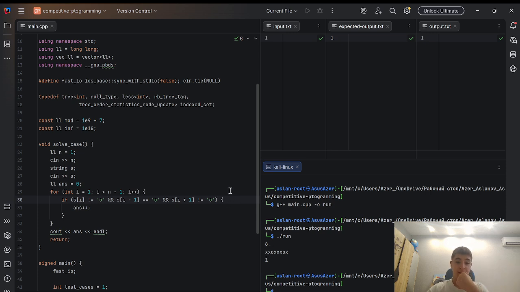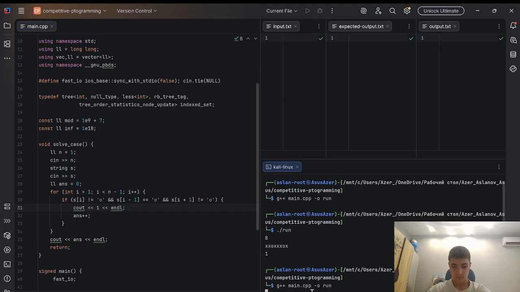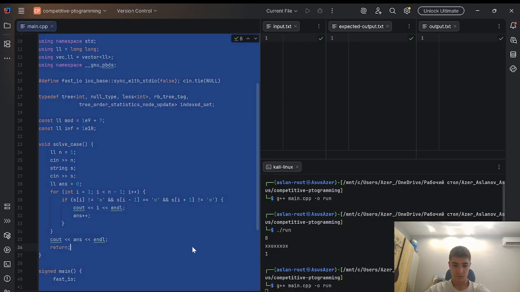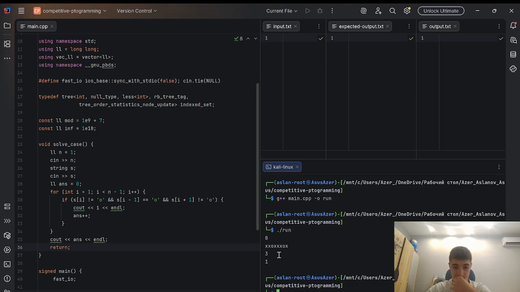But let's debug this. So cout i. Three. Wait a minute. So the 3 is this. No, it's going to be 4.